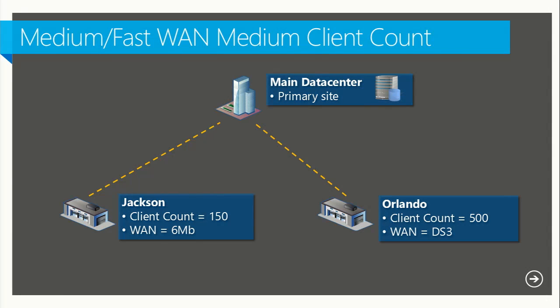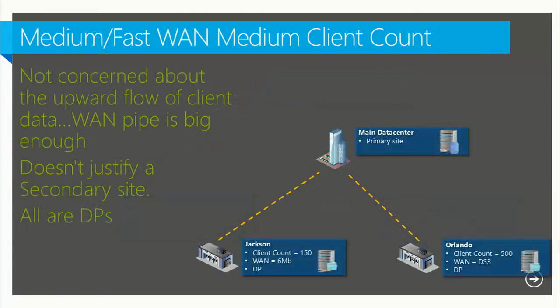In this situation, we weren't really all that concerned about the upward flow because the ratio between client count and WAN speed was acceptable. Whether it was inventory data or a software update scan or all that kind of stuff, we weren't concerned about that upward flow at all. And so they did not justify a secondary site. All of these were distribution points as well.